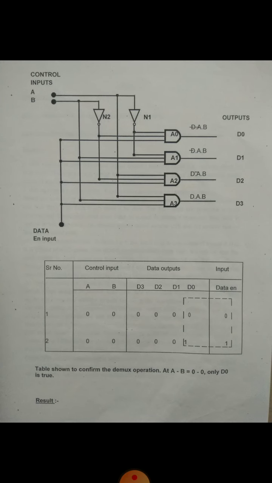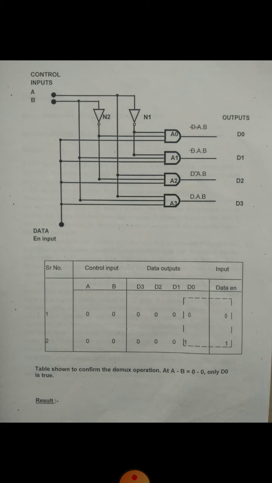Okay, when AB is 0 0 and only D naught will be true according to your data enable, data, whether the data is present at input or not.